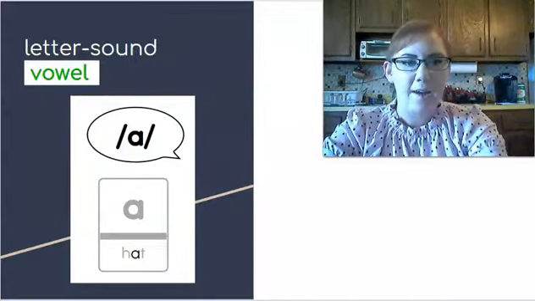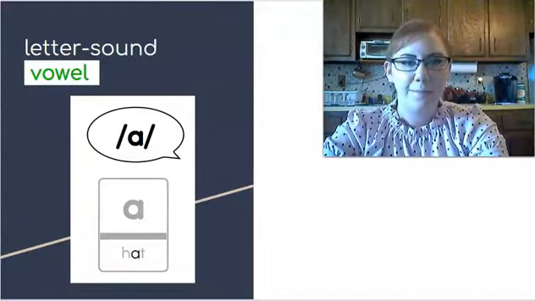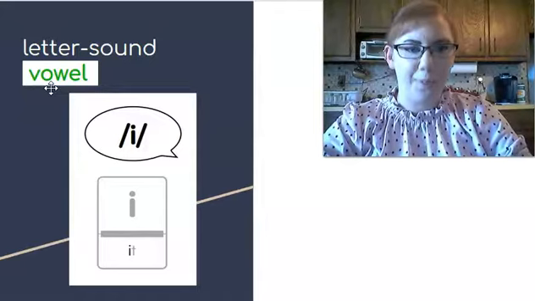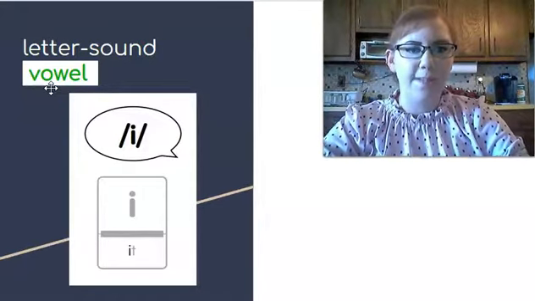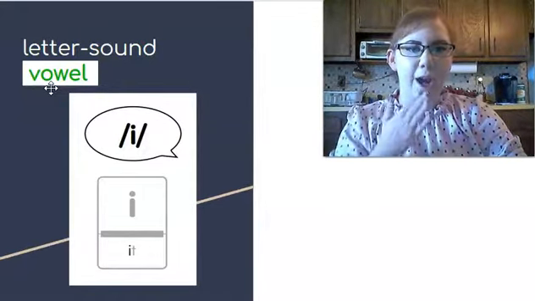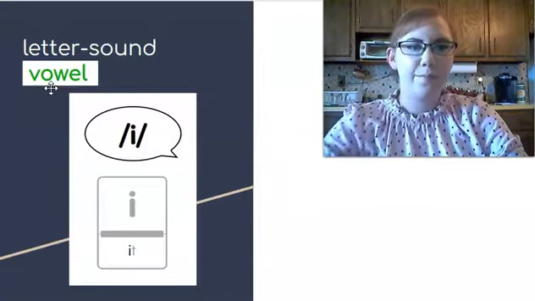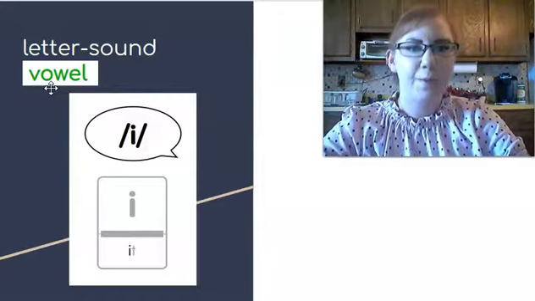When we look at our cards, you'll see that our vowel sounds are written with green, because when you say a vowel sound, you're letting the air go, like green, go. Our consonant sounds will be written in red.